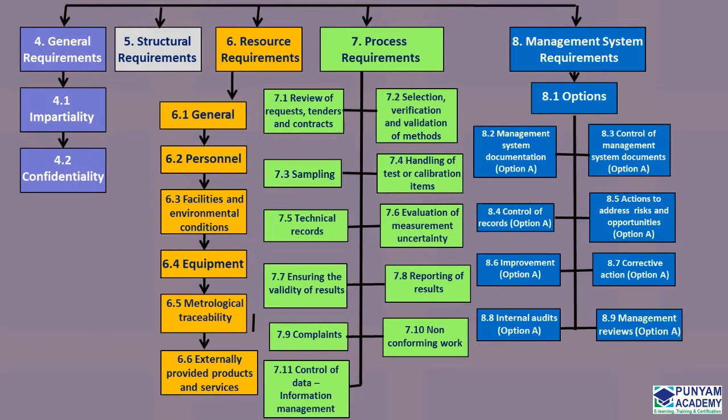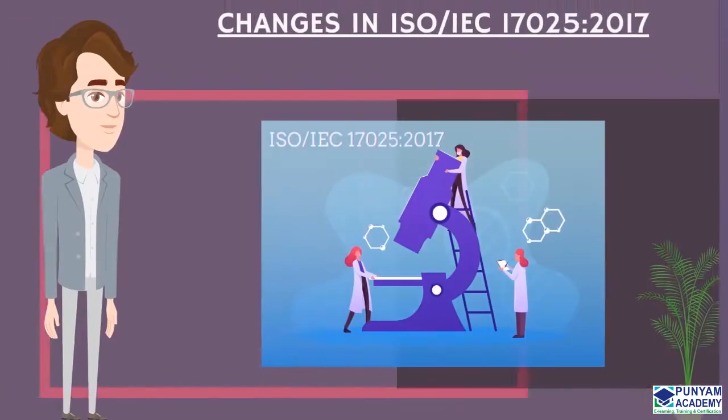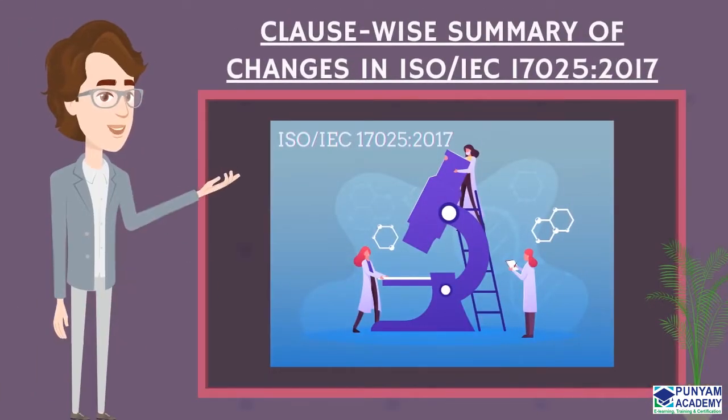Now I will discuss the main changes in the ISO IEC 17025:2017, which is the latest version of this international standard. Here is a list of key changes, and accordingly, the ISO IEC 17025:2017 revision has implications for your laboratory management system. 1.